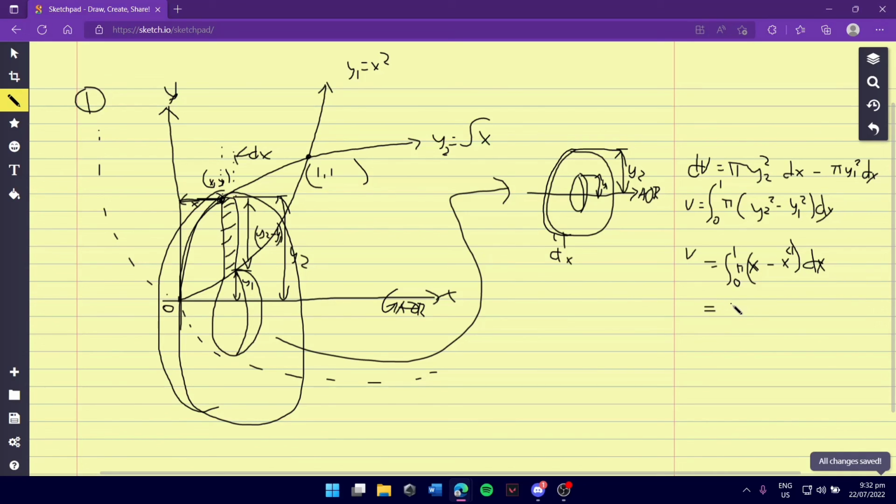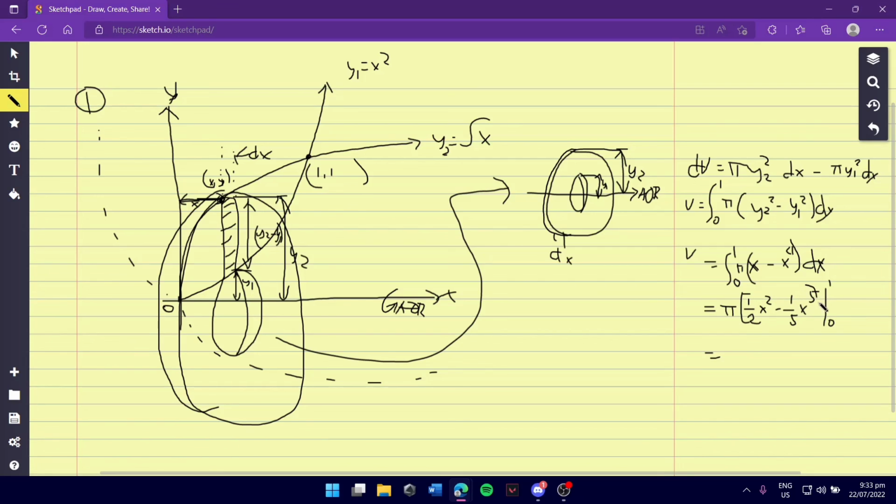Since pi here is constant, integrate it. The integral of x is x squared over 2, or 1/2 x squared, minus the integral of x to the 4th, which is x to the 5th over 5, or 1/5 x to the 5th, with limits from 0 to 1.